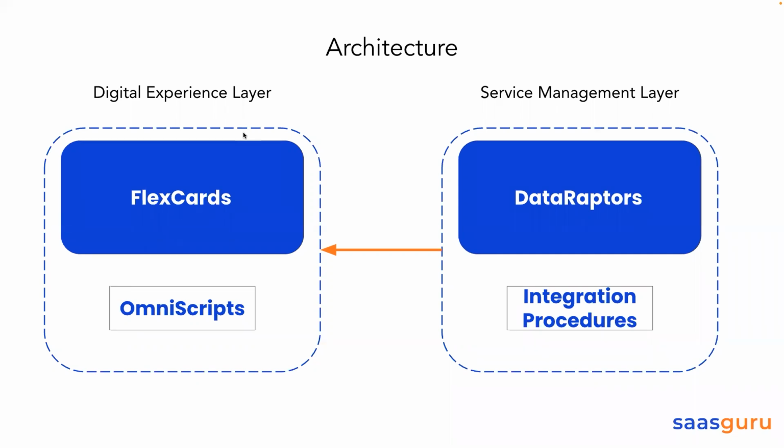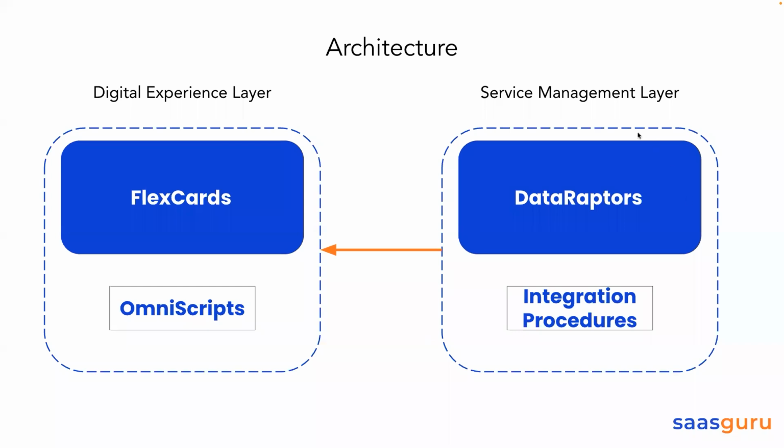That's one thing. Same thing with the service management layer. Data raptors are smaller, very handy tools to get the data that you need from a specific Salesforce object and related objects. You get the data and you can then push it directly on the FlexCard, on the OmniScript, or include this as a step in an integration procedure where you manipulate and only use the data that's relevant for you.